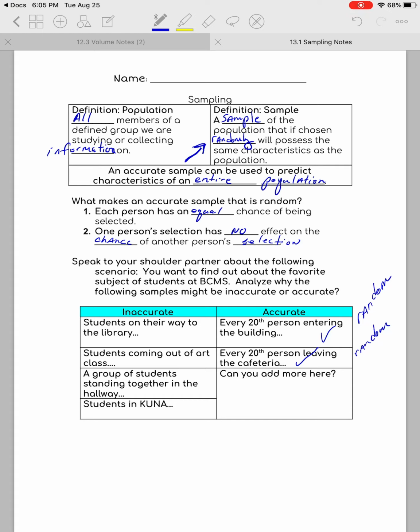But the reason it's not is because oftentimes when you have a group of students or a group of people and you go to ask them a question, more times than not, students or people are going to pick what their friends pick instead of what maybe they truly desire or believe because they want to stay with the status quo. Plus, students in a group often like the same thing, but it doesn't reflect the students that are not in that group.